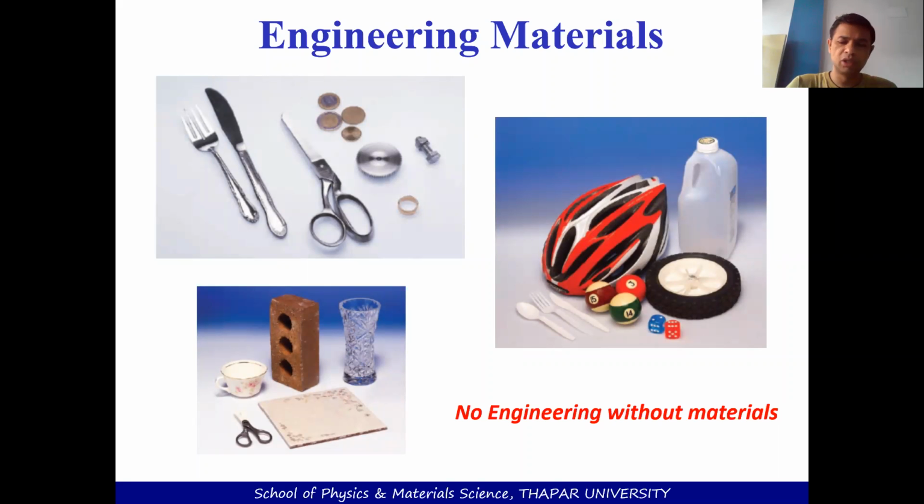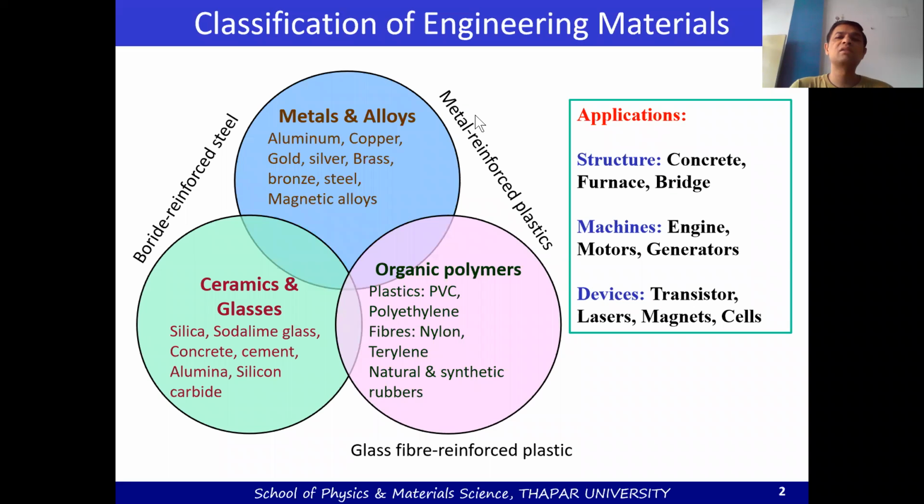So instead of studying all such engineering materials independently, we will try to classify engineering materials into certain general subgroups or subclasses, and then we will study them as a particular class.